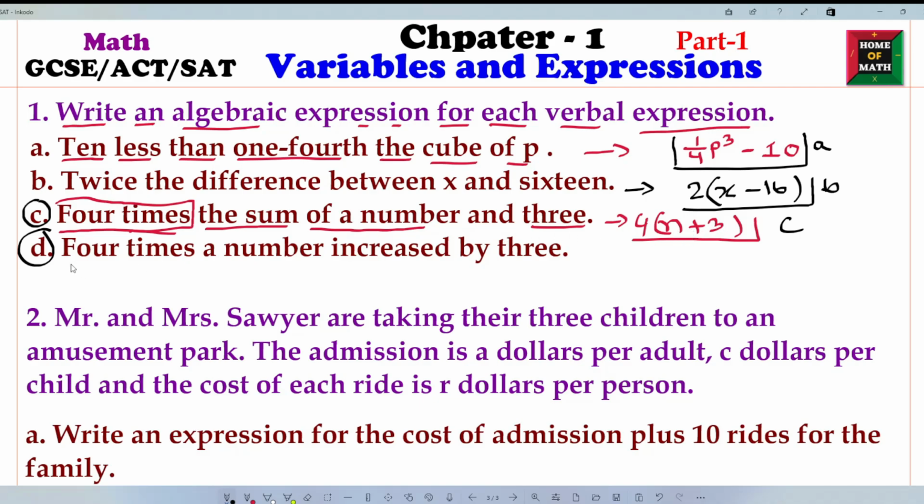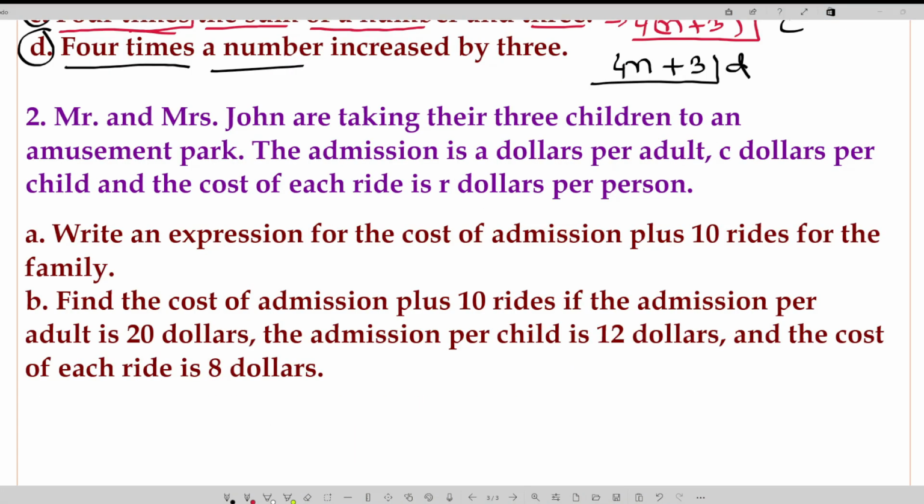But here it is 4 times a number increased by 3. So 4 times a number, we think the number is n, then 4 times n and increased by 3 means plus 3. This is our number D. Okay, hope you are clear.